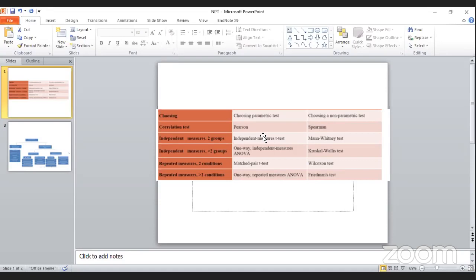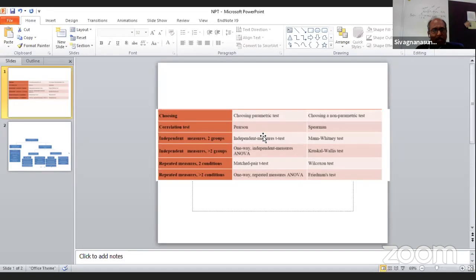Sir, some participants ask, can you suggest SPSS books? There is an SPSS book by Andy Field, but there is no Indian edition. It is a costly book. He is a UK based author.